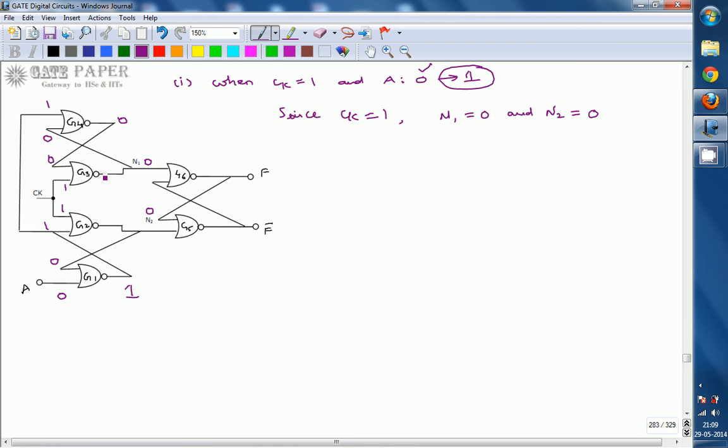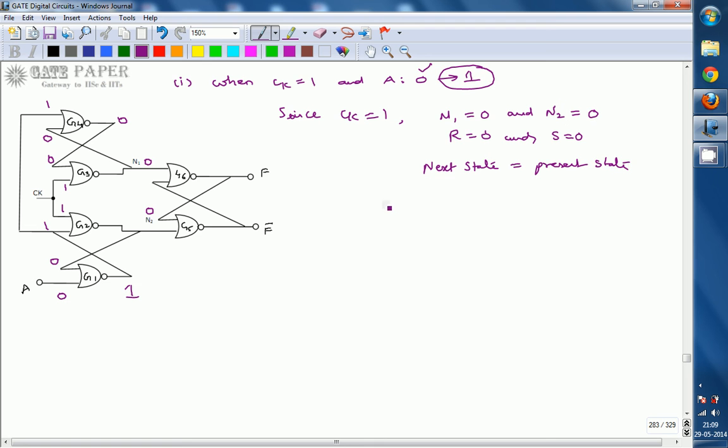So these are the stable states you are going to get. First, N1 is 0 and N2 is 0. Since N1 is equal to 0 and N2 is equal to 0, that implies R is equal to 0 and S is equal to 0. So the next state remains the same as the present state.